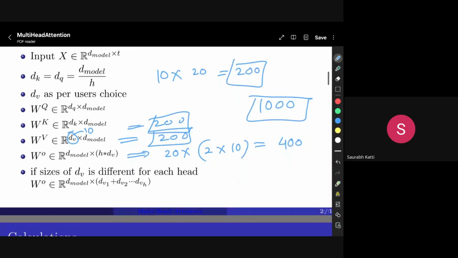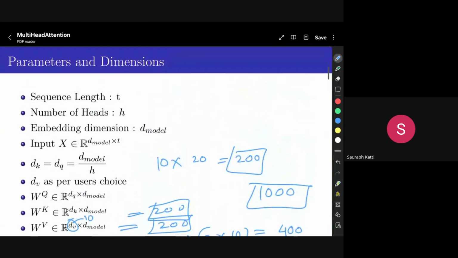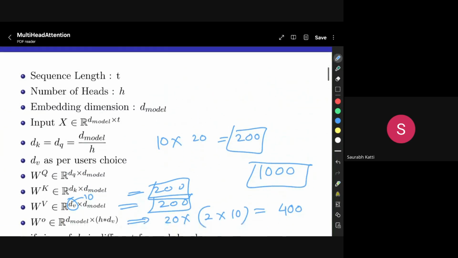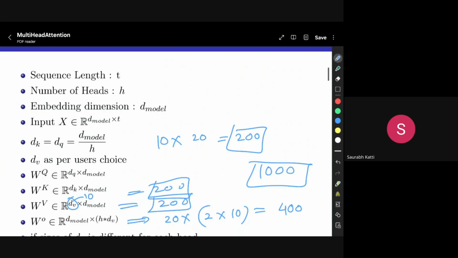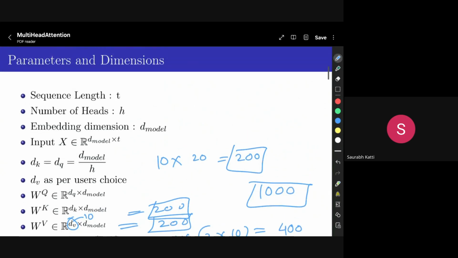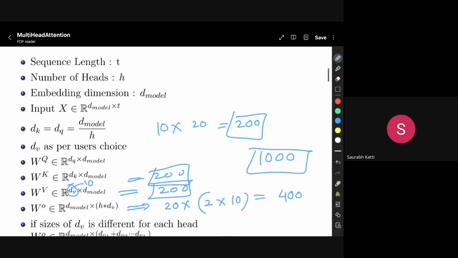Now, of course, I'll do the same thing for cross attention, but the catch with cross attention is just remember that in cross attention we don't do this multi-head.